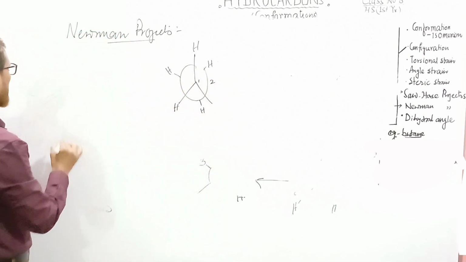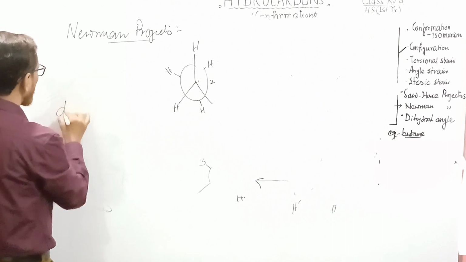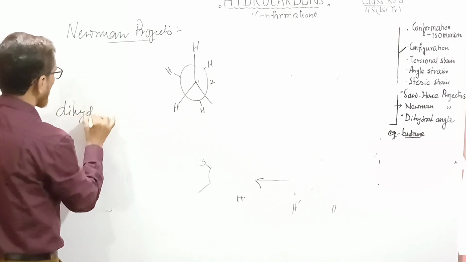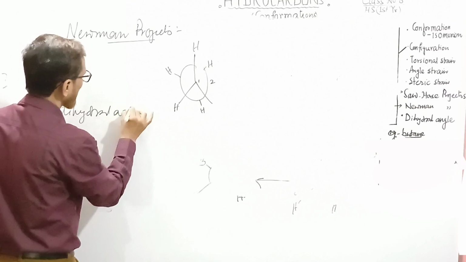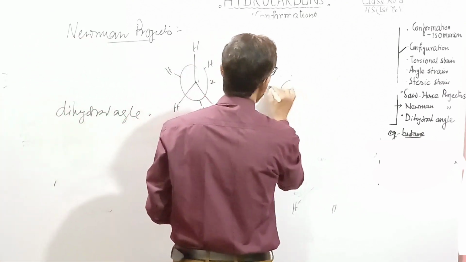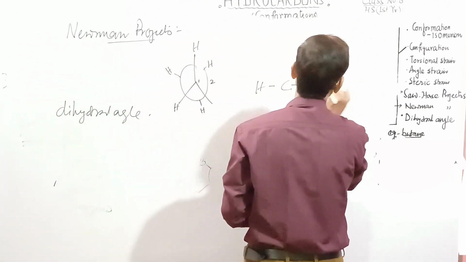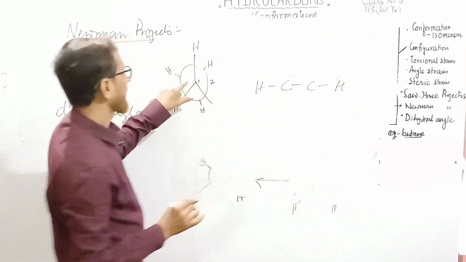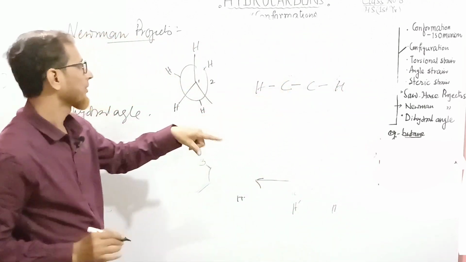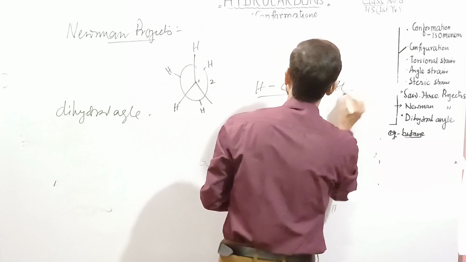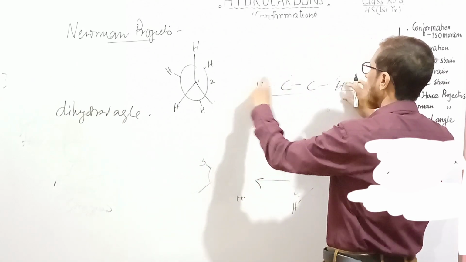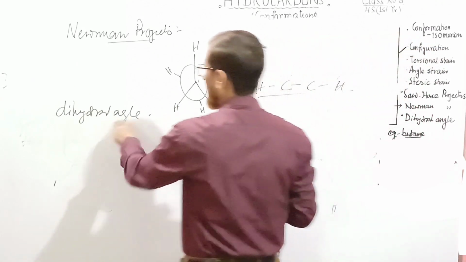So when it is staggered, dihedral angle, it is the angle between hydrogen of two carbons. Between hydrogen of two carbons, the angle is called dihedral angle.